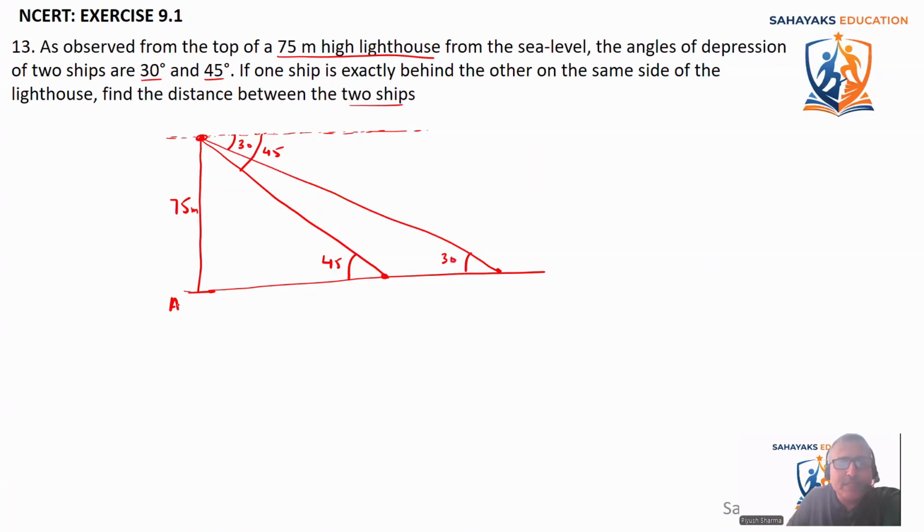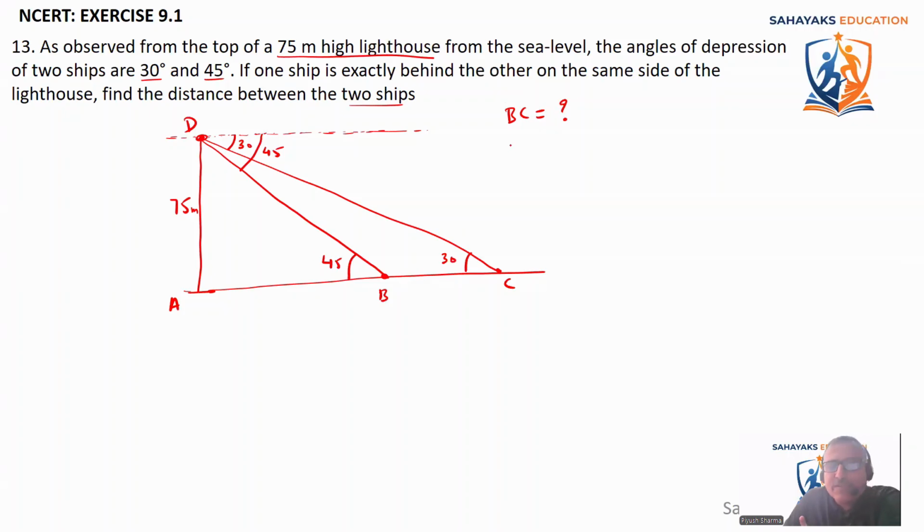Now just name these points. The height of the tower is already given, 75 meters. Now let's find the distance between the ships. So we have to find this value of x, BC. BC is equal to question mark. This is what we have to find out. So let's first find out the complete distance AB or AC. Let's find AC.